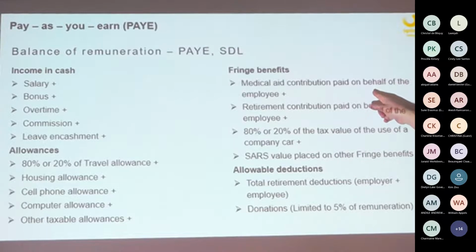So you include your employer contribution, and then you deduct both contributions, employer and employee. And then, as I said, you can deduct your donations limited to 5% of your remuneration immediately before your donations. That's how PAYE remuneration is worked out: income in cash, allowances, fringe benefits, minus allowable deductions.